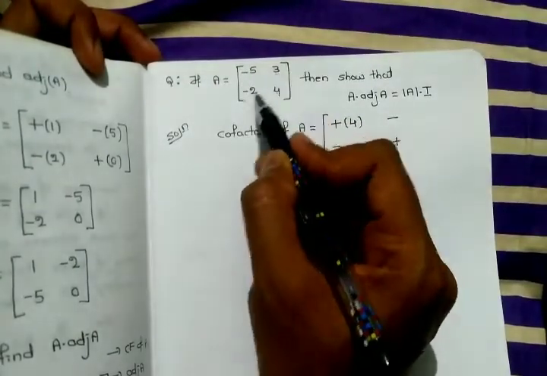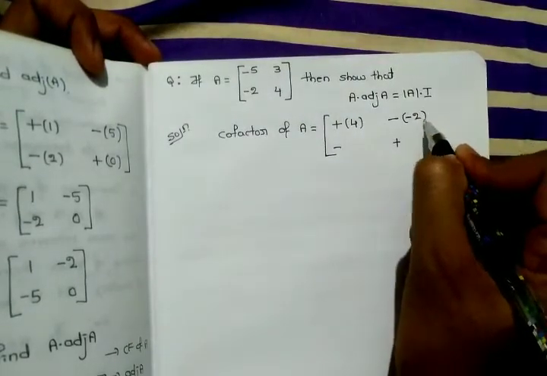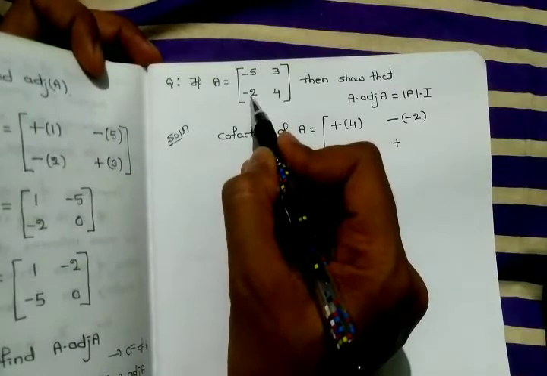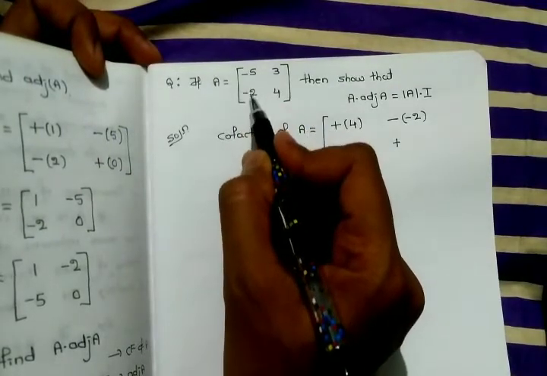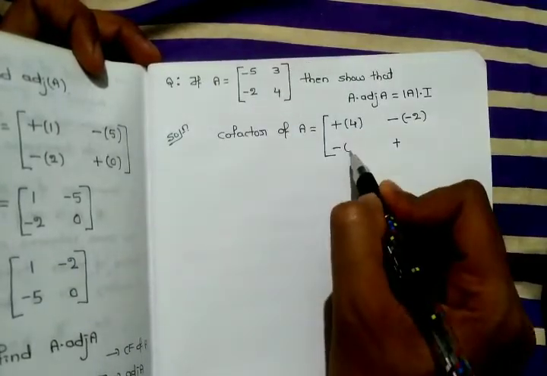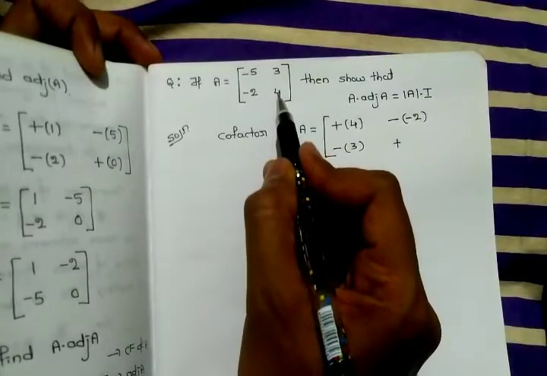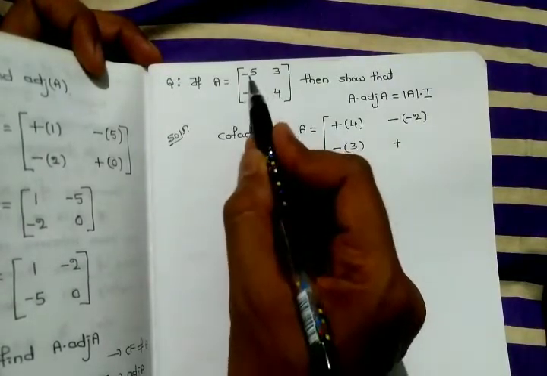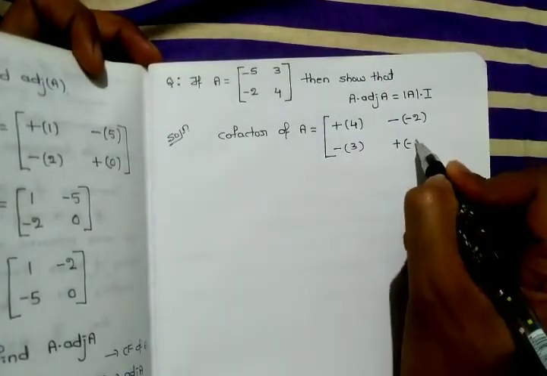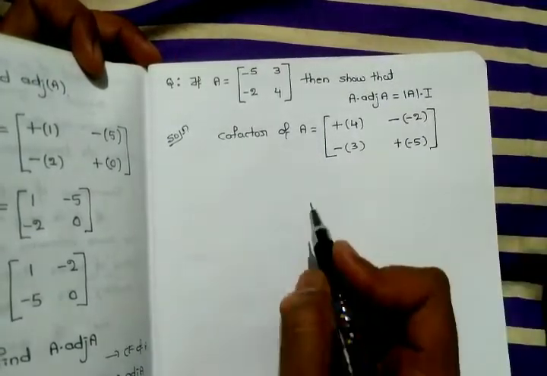In place of 3, note down -2. Next, the third element -2: delete that column and row, 3 remains, note down 3 in place of -2. That is the third element. Next, the fourth: delete that column and row. What is the remaining element here? -5. Note down here. So close the bracket.